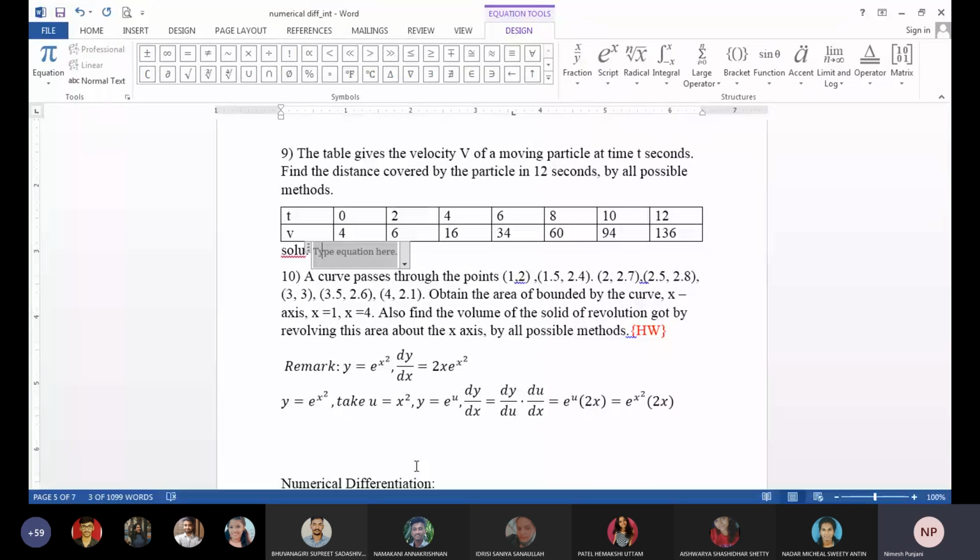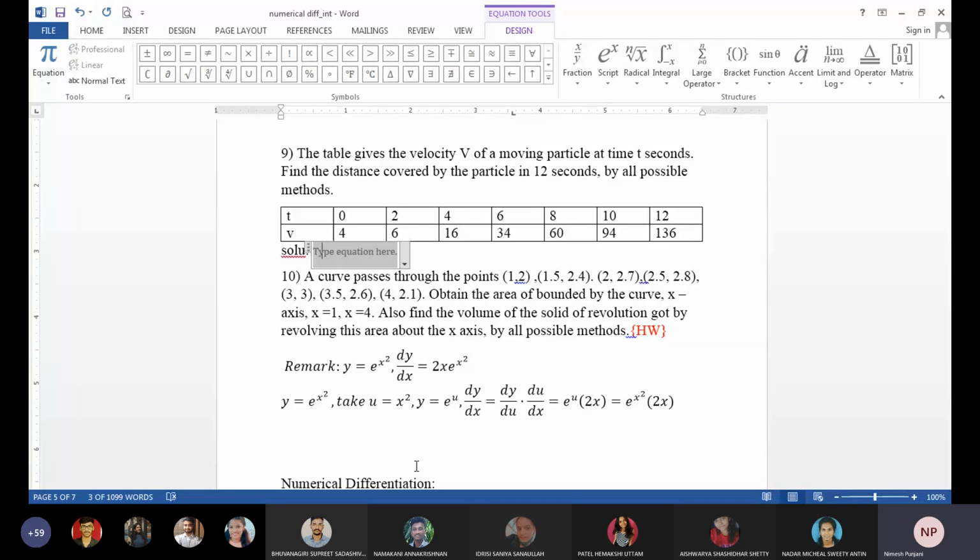And why is the sum given under this part? What is the relation between your velocity, distance, and time?